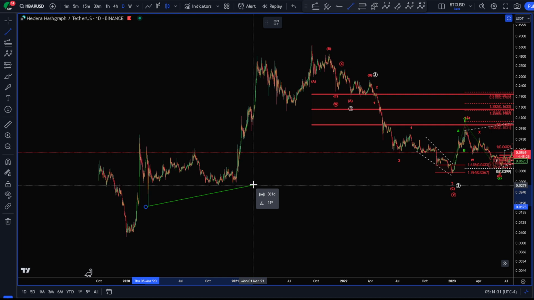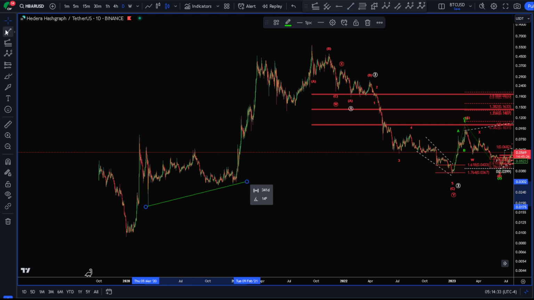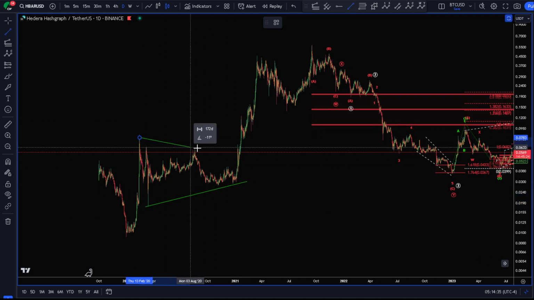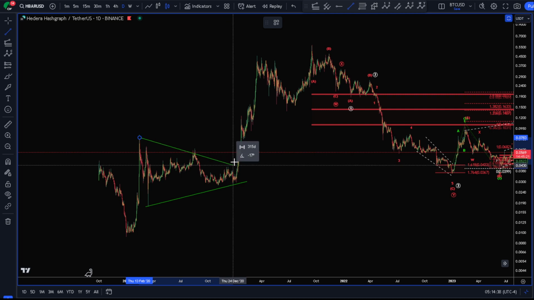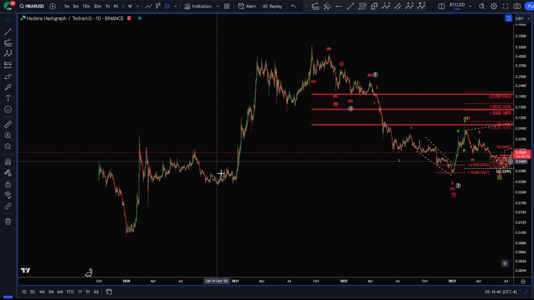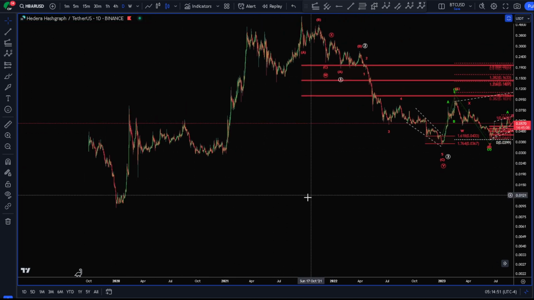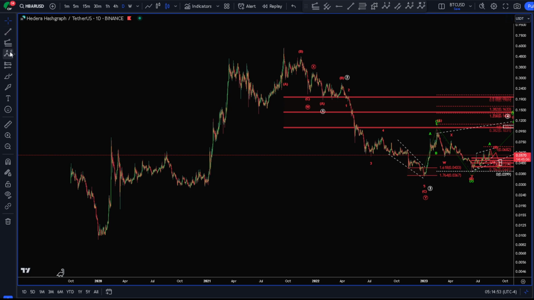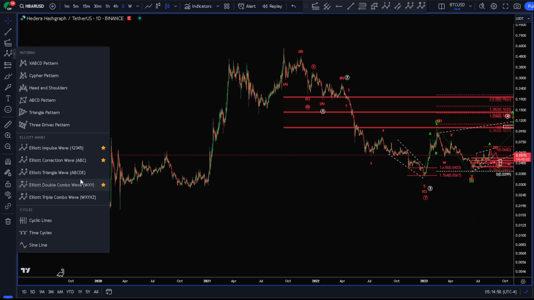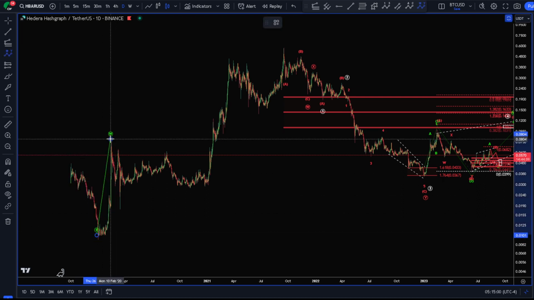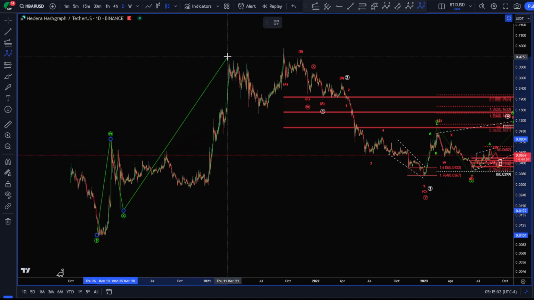This doesn't really fit a triangle that well, because we didn't get a lot of spikes, even though we do have 3-wave patterns. If we don't have a triangle, then what do we have, right? We have a 3-wave move down. This could be a WXY in this area, which potentially means we have a complex wave here.